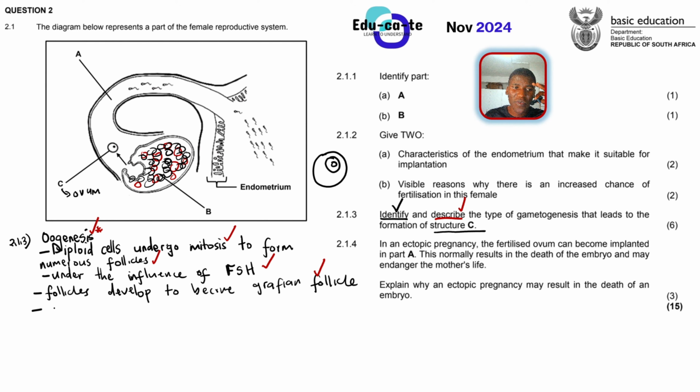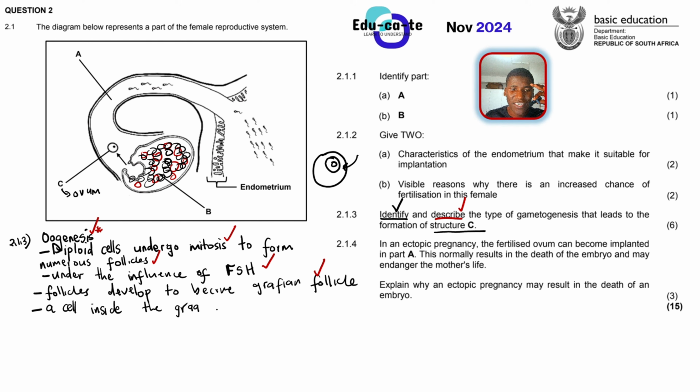So you can say that a cell inside the Graafian follicle, this small cell inside the Graafian follicle, undergoes meiosis. Please be careful with the process.